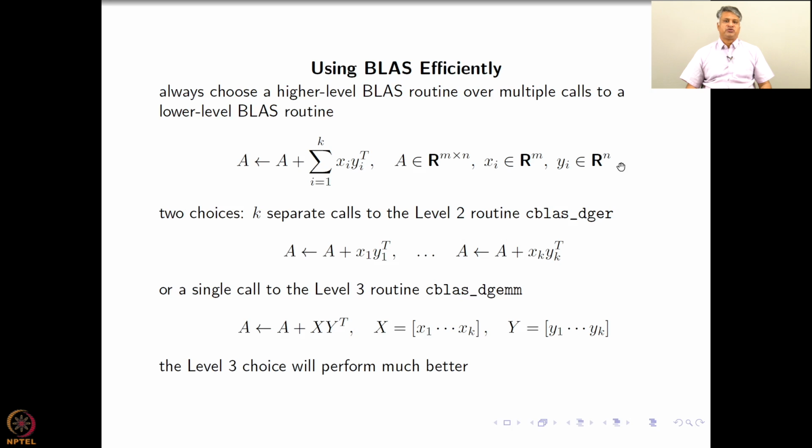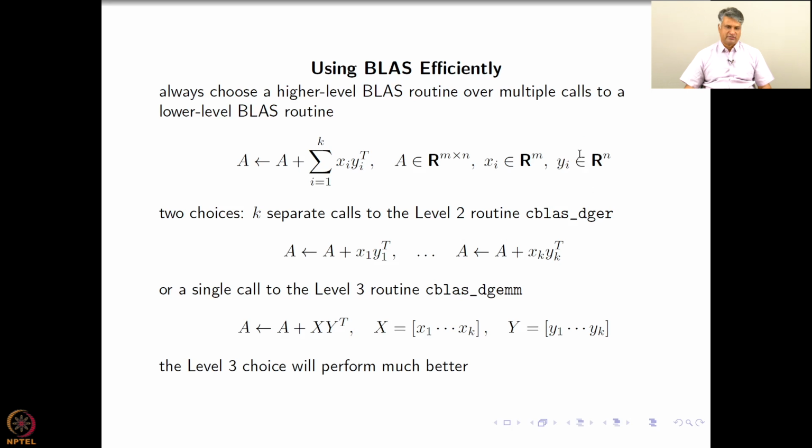When you're trying to use BLAS efficiently, it is always better to choose a higher level BLAS routine over multiple calls to a lower level BLAS routine. For example, if you want to do an operation on matrix A, which is denoted over here, where A belongs to a matrix of real numbers, which is m cross n, the vector xi is of real numbers of length m, yi is set of real numbers of length n.